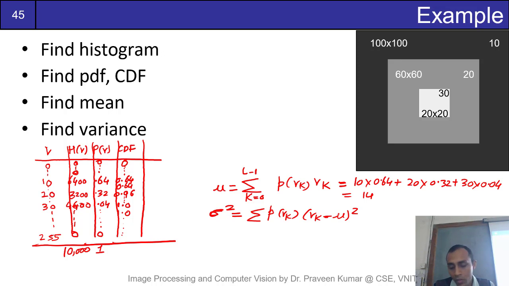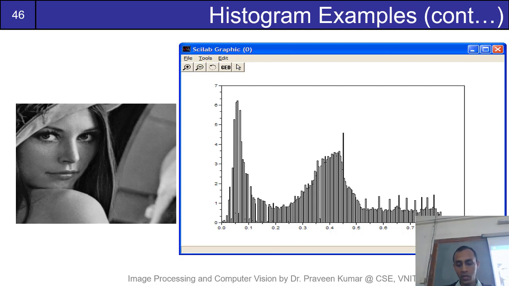And you can calculate this value. So sigma square will come around 32, and the standard deviation will be around 5. So we will be using this sigma and variance many times.